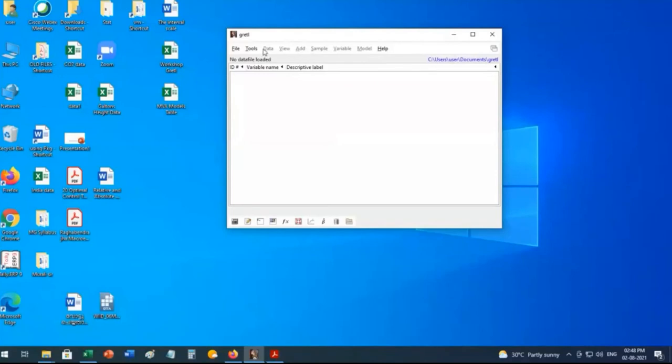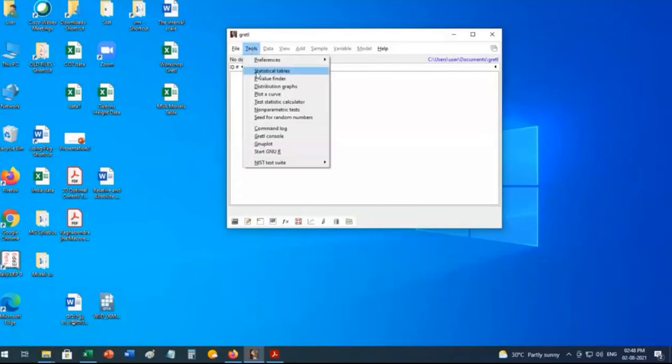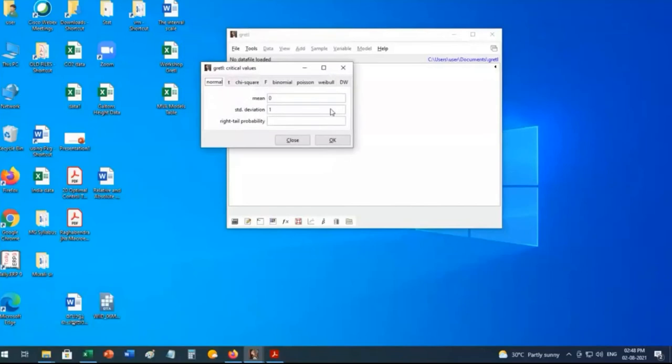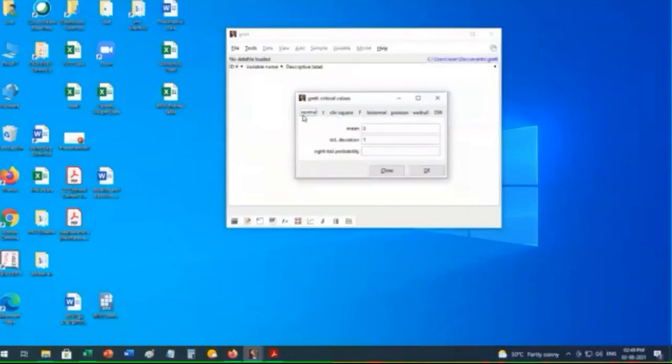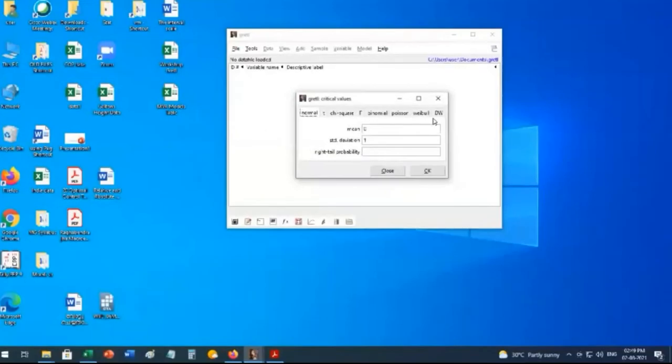Now, if we go to the tools, then here we can have statistical tables. For example, I am clicking this one. So we can have the normal statistical table, that is the table values for t, chi-square, F, binomial, Poisson, Weibull, and DW. Now, for example, for the normal distribution, mean 0 and standard deviation 1, we can give any number here, depending upon our estimation. And we write the right tail probability. For example, 0.05.